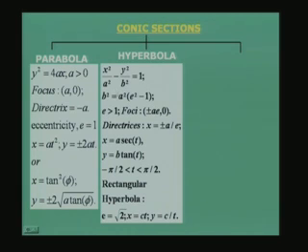This is the expression, and it could also be written in terms of eccentricity, in this corresponding form, where eccentricity is more than 1. The relation between a and b is given in terms of this eccentricity e, where e is more than 1.